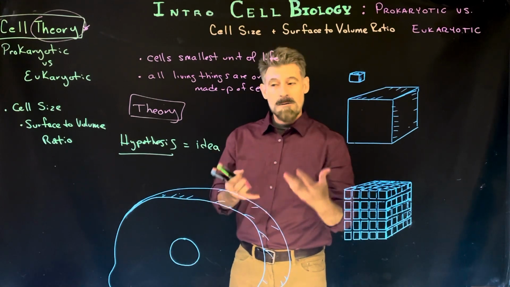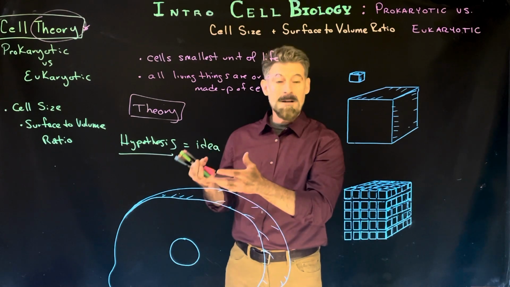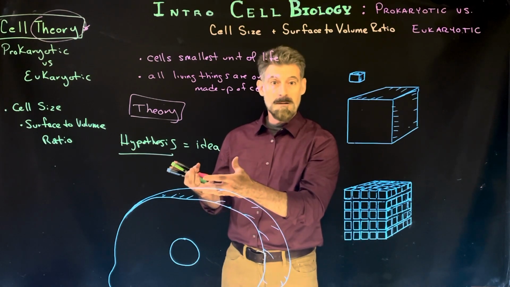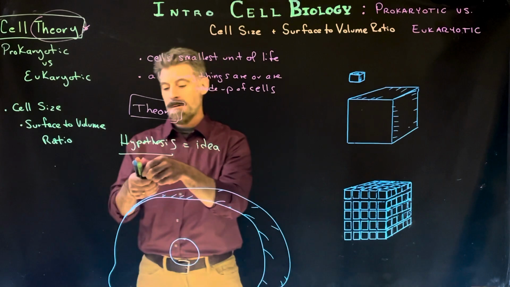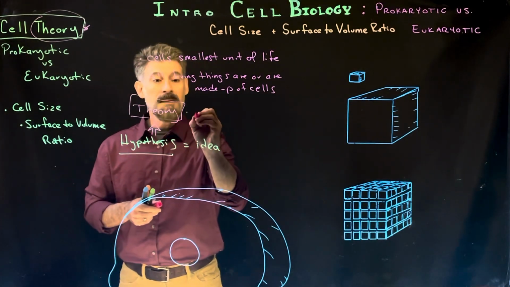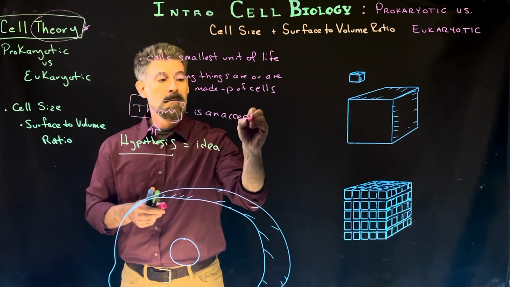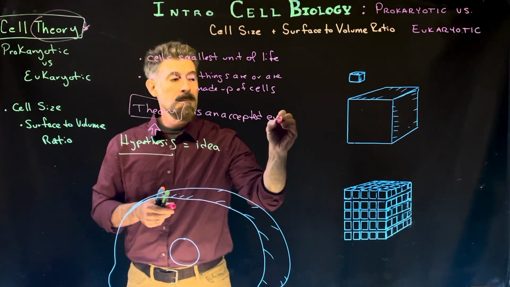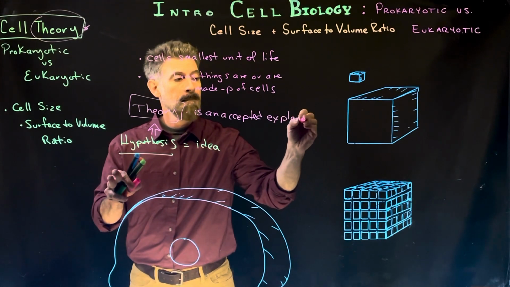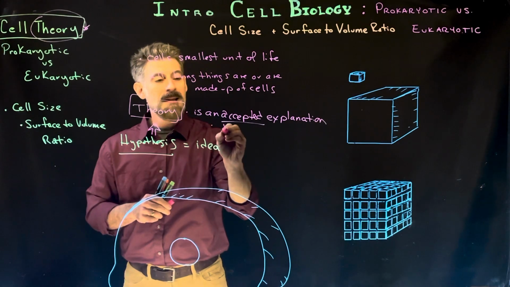Now, once you gather up enough information to really support the hypothesis, then you may accept it and use it as an explanation. At that point, it becomes a theory. A theory is an accepted explanation. Okay? It is accepted and it has data to support.